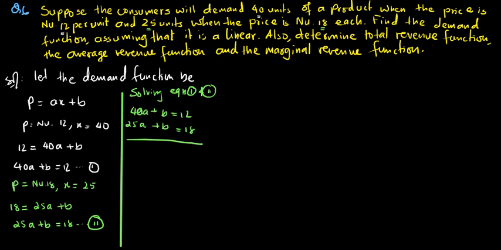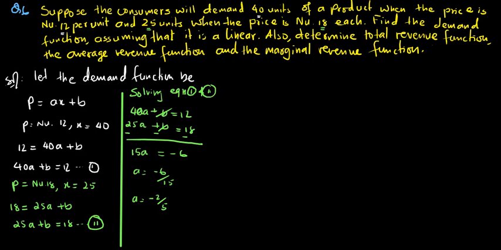Using the elimination strategy that you have learned in class 10, change the sign. So this B gets cancelled. 40 minus 25 is 15. So 15A is equal to negative 6. A is equal to negative 6 divided by 15, which is A is equal to negative 2 by 5.